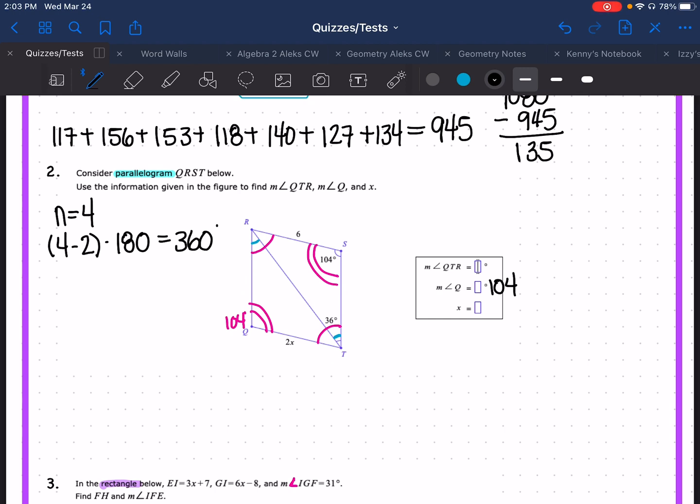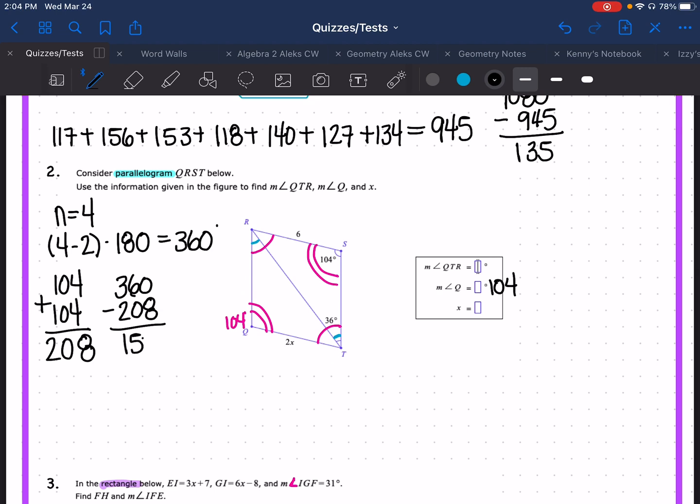They all add up to 360. So I'm going to take my 104 and add my 104, my 2 pink angles, the ones at Q and S, and that gives me 208. I am then going to subtract 360 minus 208.